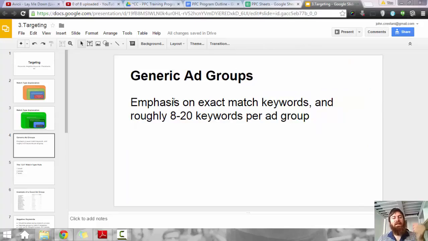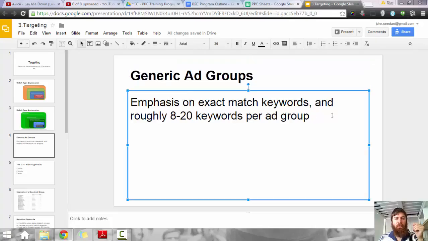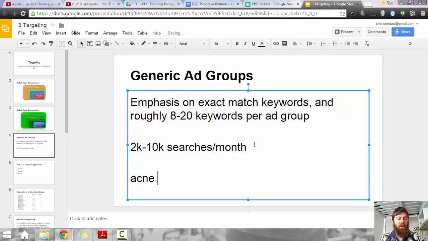Focus on roughly 8 to 20 keywords per ad group for generic groups. Remember, these are groups where the root keyword has between 2K and 10K searches a month if you're targeting all of US. A keyword like that, we came up with, is acne cleansing products.